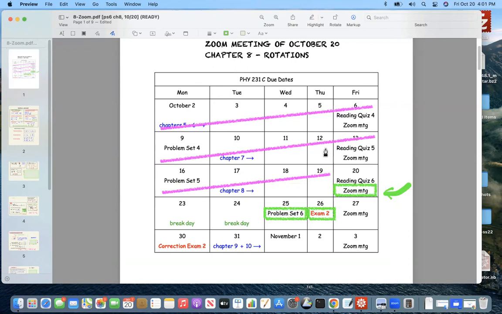So we're at the end of the third week of October, and we're working on chapter 8.